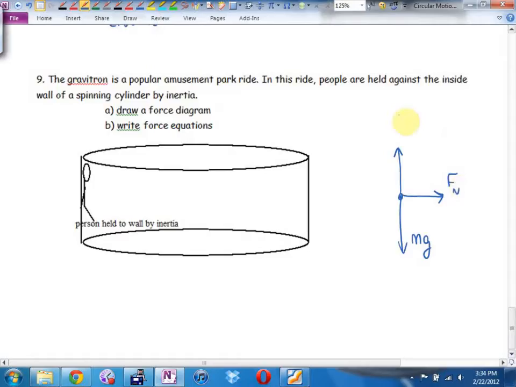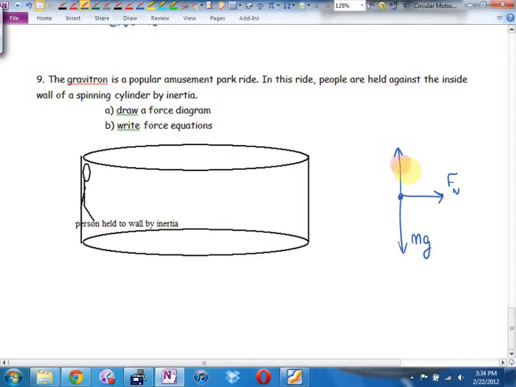What's this one? By the way, don't you dare put Fc on here. It never shows up. And I will ask you to draw a circular motion free body diagram on the test. Is it friction? It is. Now here's how you can reason your way there as well.